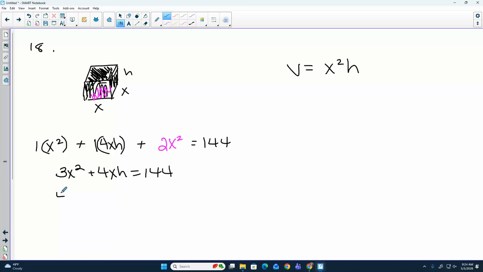Let's solve for h. H would be 144 minus 3x squared over 4x. Plug that into our volume.